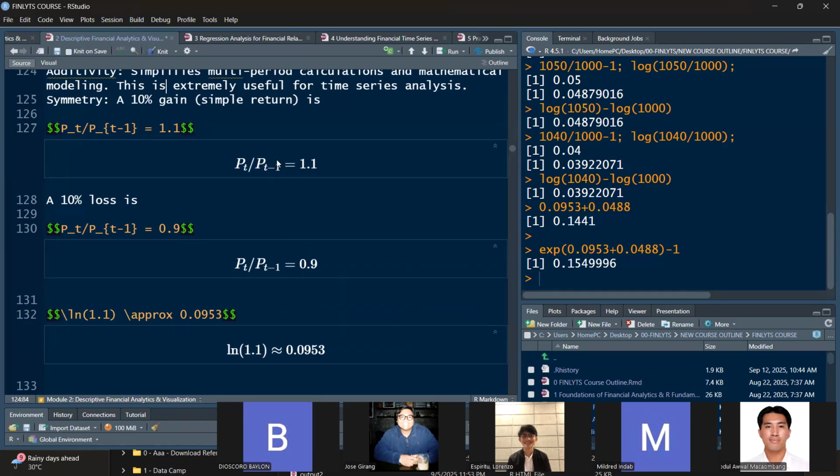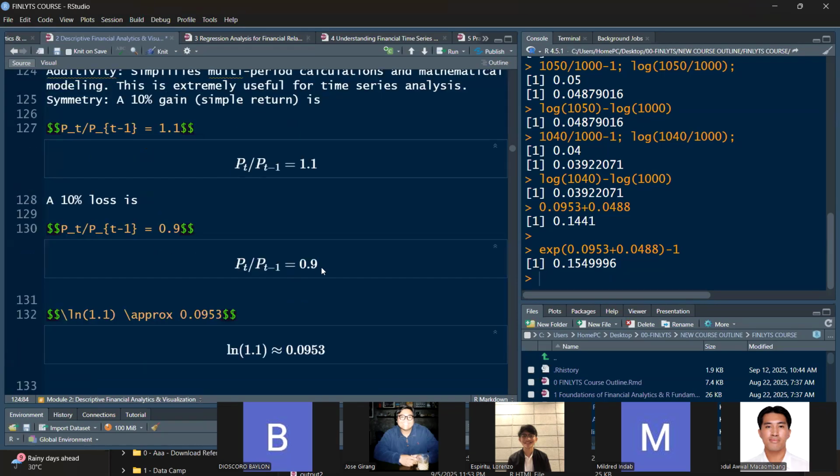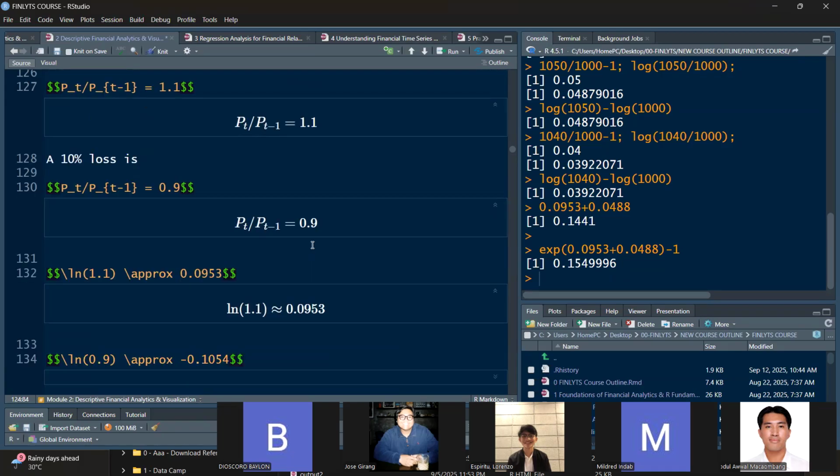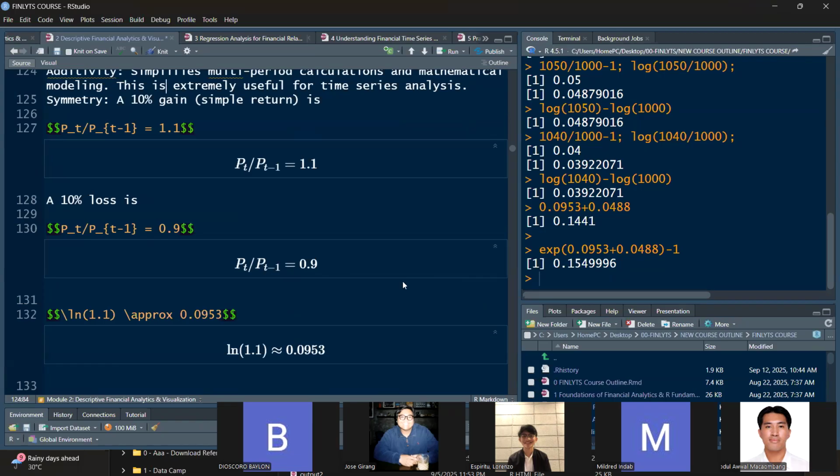Because if we subtract 1 here, then this is already the simple return. So a simple return of 10%. On the other hand, a 10% loss means that P sub t over P sub t minus 1 is equal to 0.9.